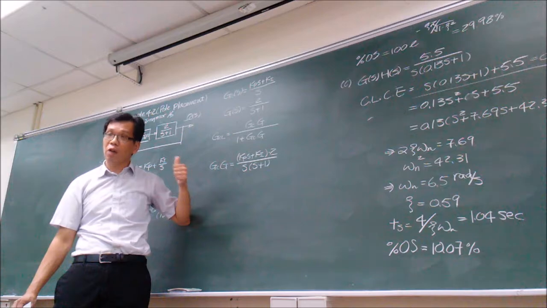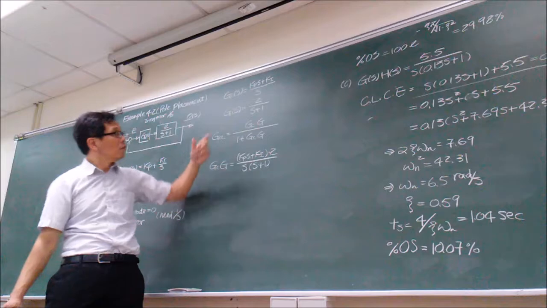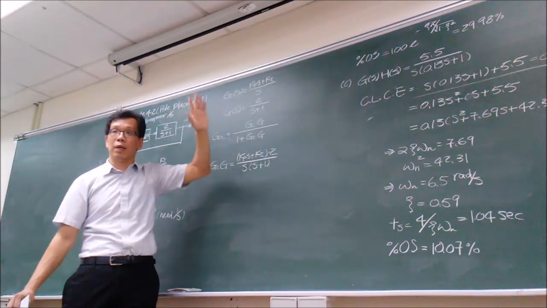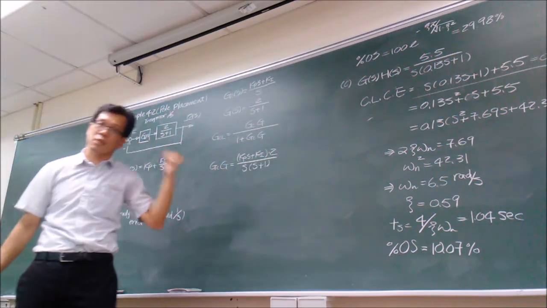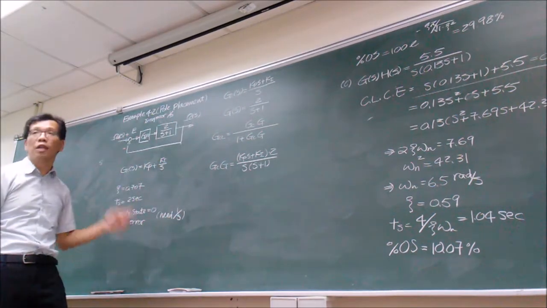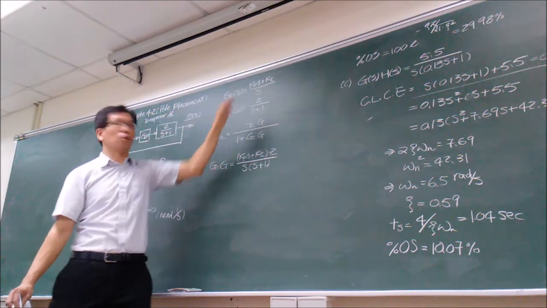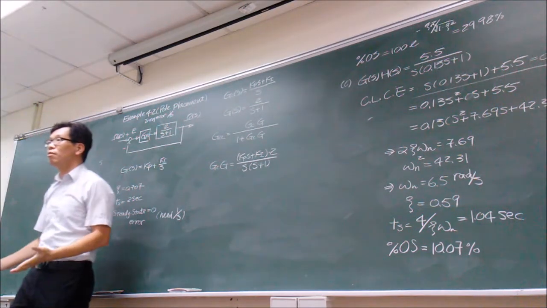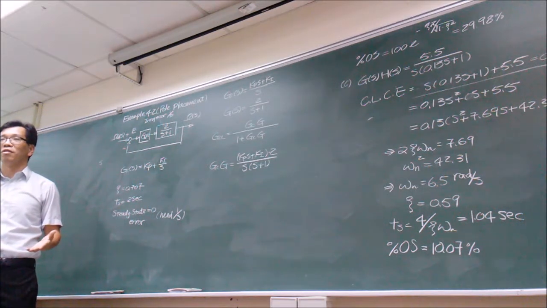It also means when you design your controller, you do not need to worry about putting the s over here. You can do anything you want to. But if you do not have s in your transfer function, and you still expect 0 steady state error, then you better have an integrator in your controller so that it becomes 0 steady state error. Make sense? Think about that. I'm going to give you some homework after we explain this.